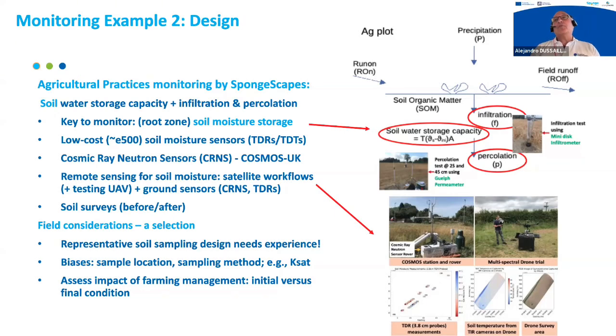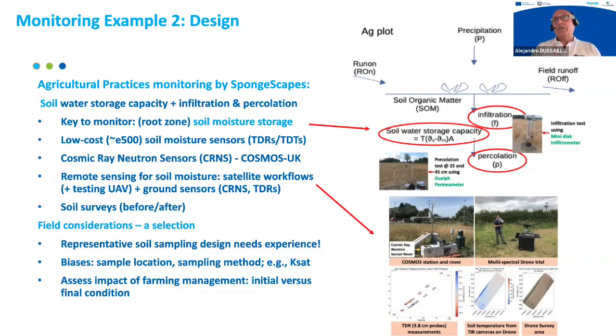You have to be very careful to avoid biases. One example is measuring the saturated hydraulic conductivity, percolation rates and infiltration rates, because depending on what method you use and how you use it, you can get results that are representative or biased.